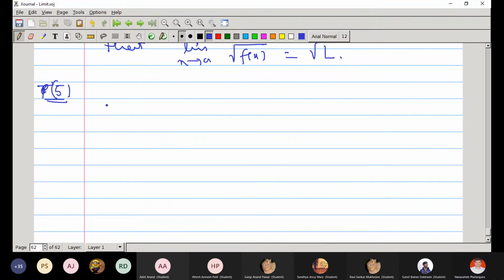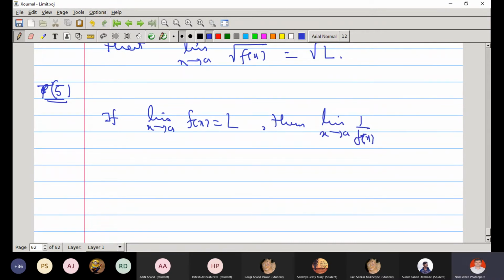Now, if limit x tends to a of f of x is equal to L, then we know that what is limit x tends to a of 1 upon fx?